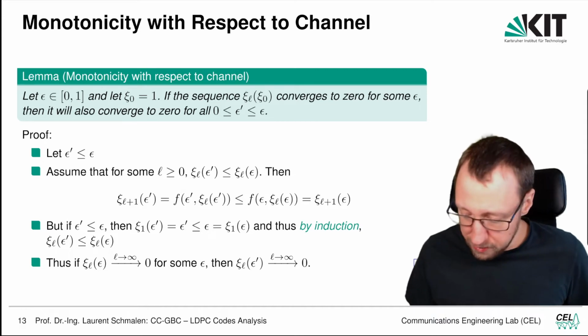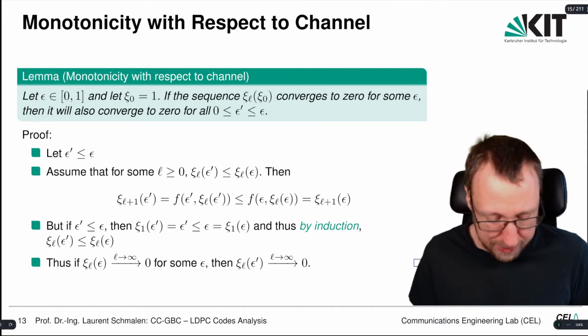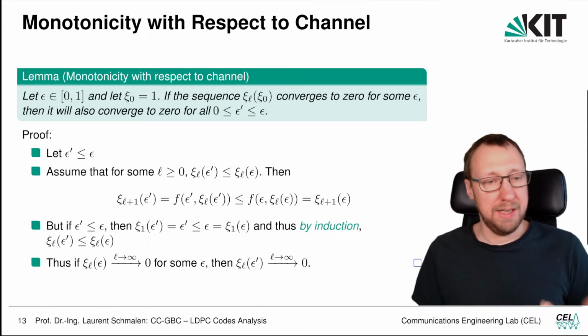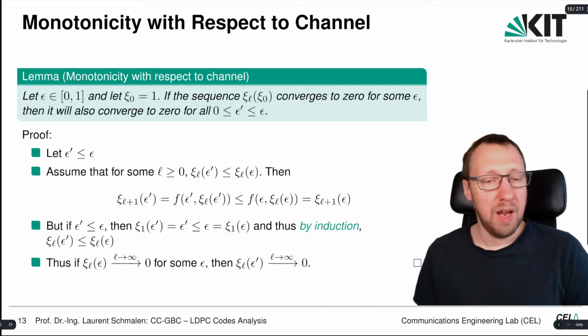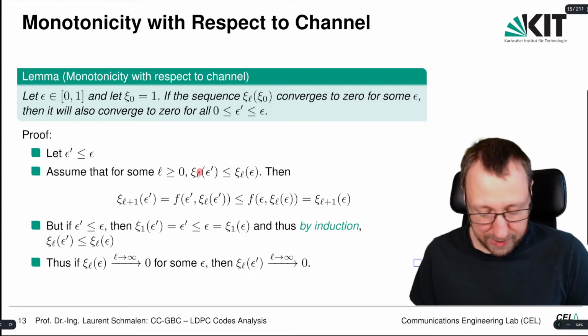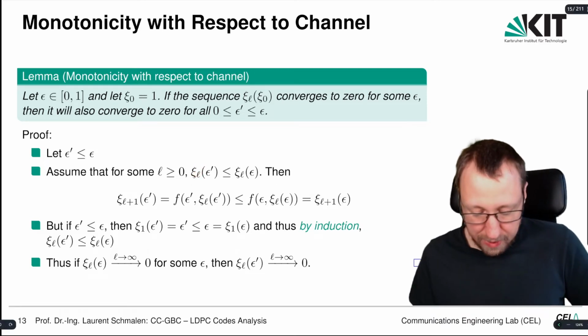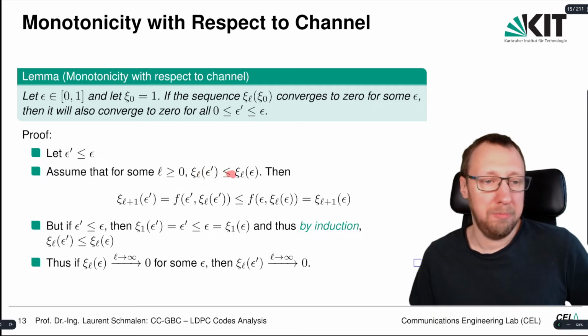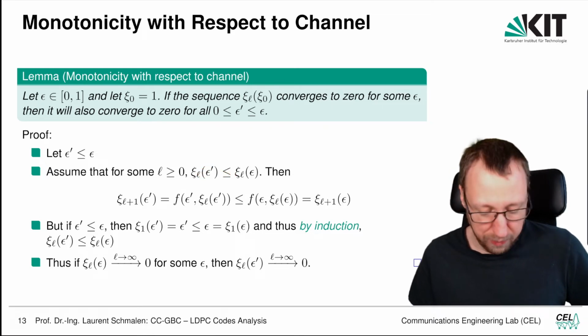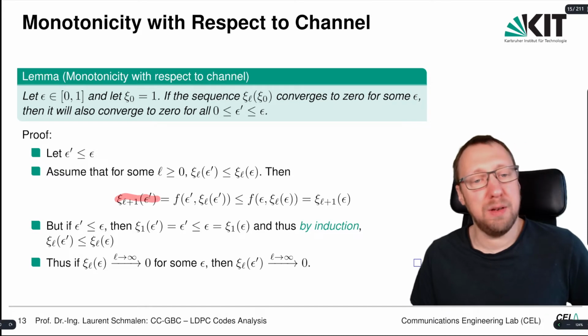So how do we prove this? Well, this is pretty easy. Again, we use the monotonicity. So epsilon prime is smaller or equal than epsilon, and we assume that C_L of epsilon prime is smaller or equal than C_L of epsilon. Then we calculate C_{L+1} of epsilon prime.